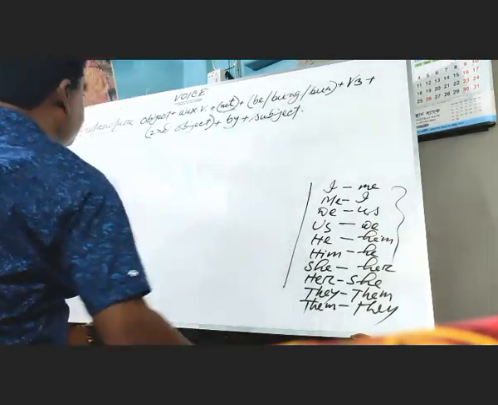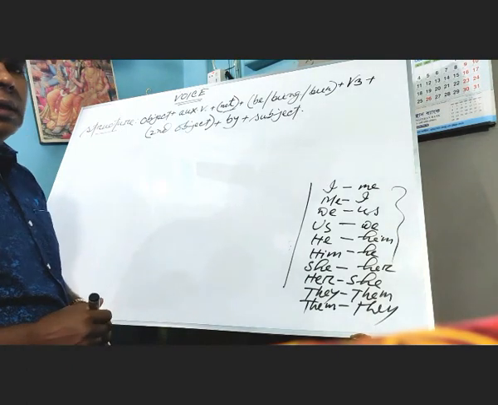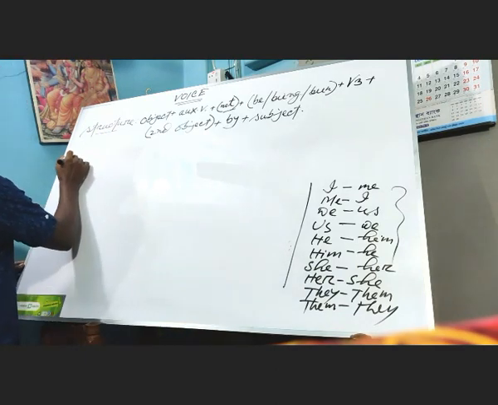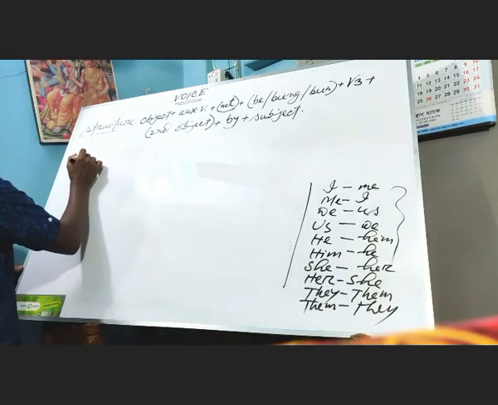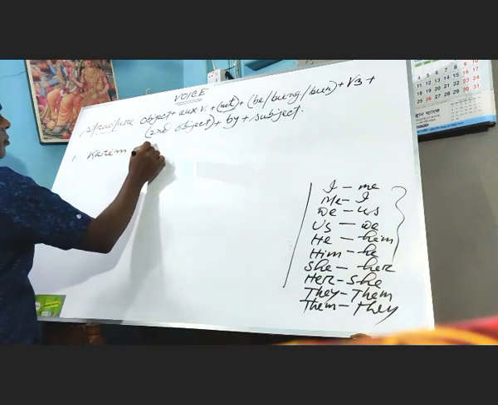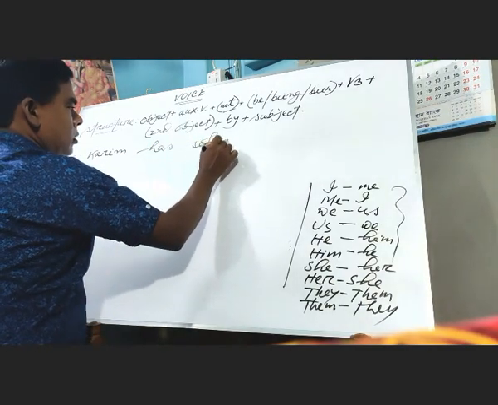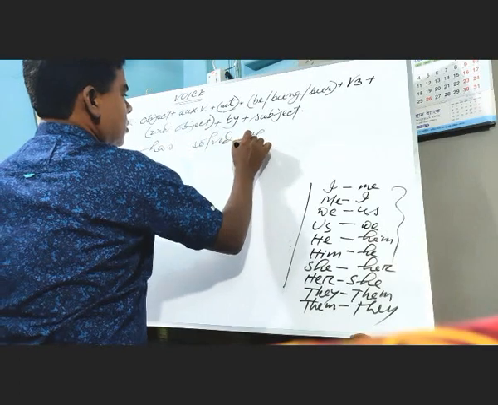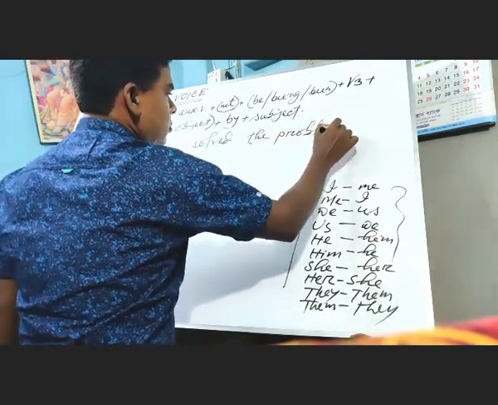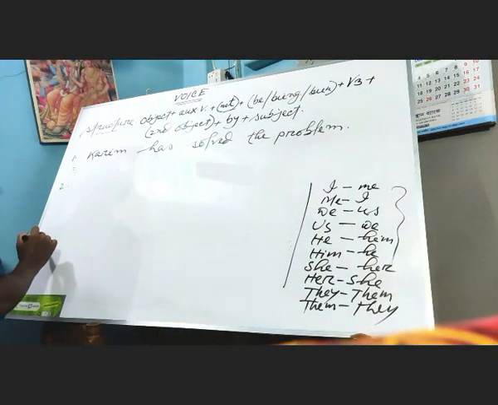Okay, dear boys, look at the whiteboard. Now I'll give some examples from the perfect tense. Number 1. Karim has solved the problem. Okay, boys. Number 2.